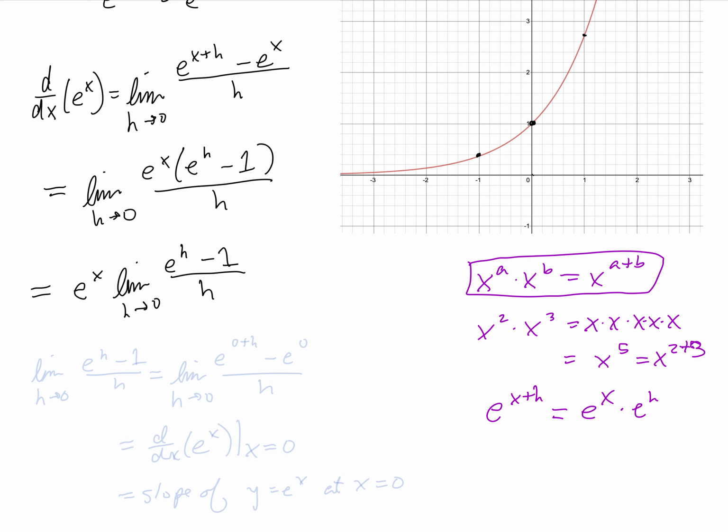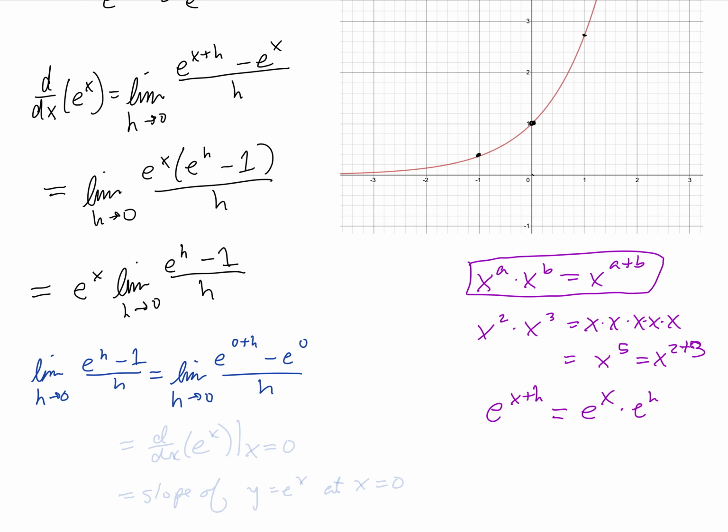So let's think about what that value is equal to. In other words, what is the limit as h goes to 0 of e to the h minus 1 over h? Well, one thing that's equal to is the limit as h goes to 0 of e to the 0 plus h minus e to the 0, over h.